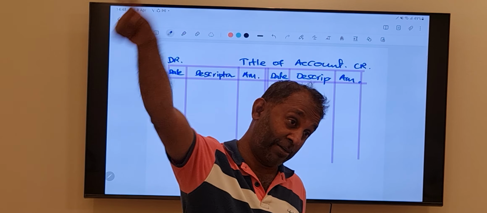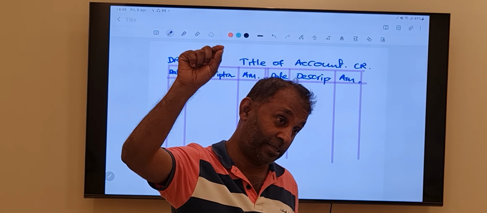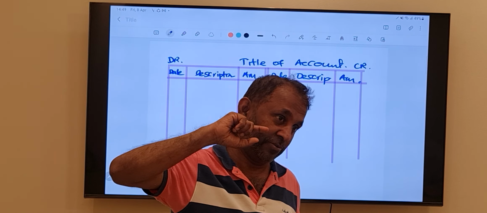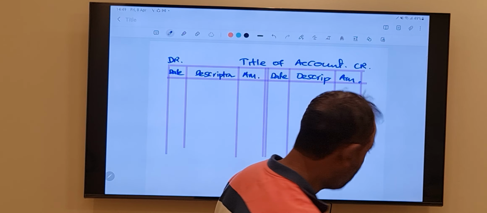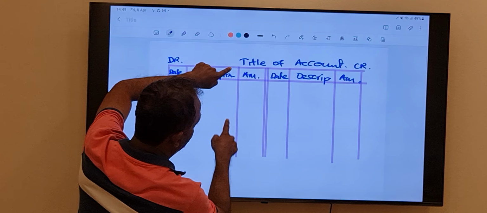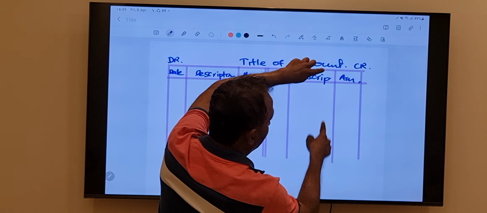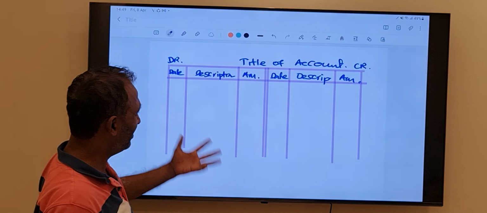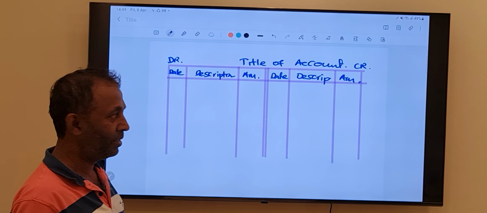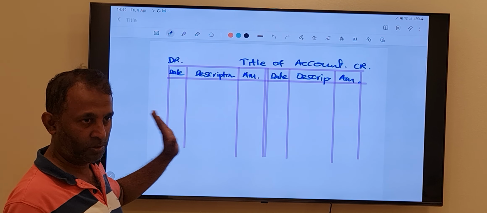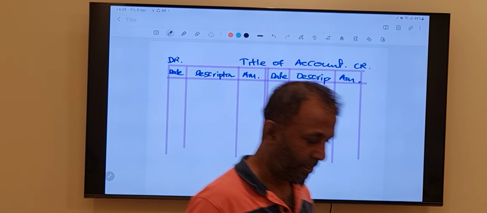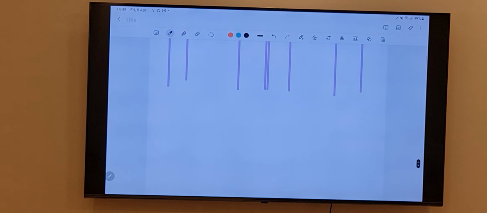When I go to page number 85, I write sales, page number 5. So just for me to get the reference, that actually comes here. But it's all old system. But at minimum, this is how a ledger looks like. Clear?